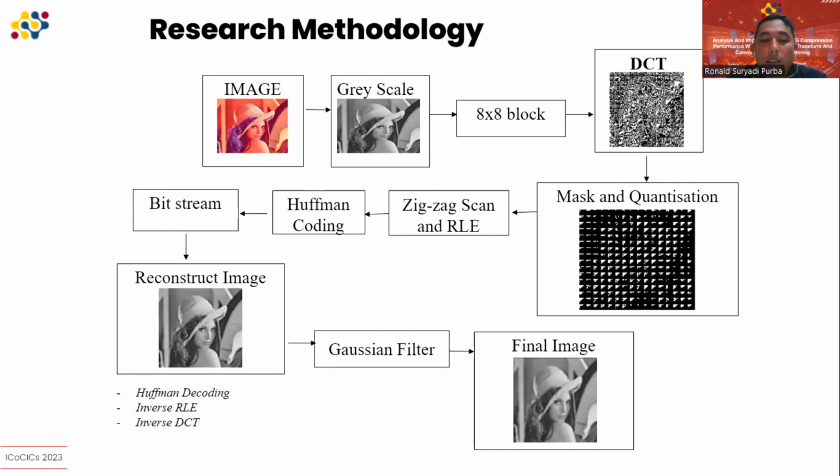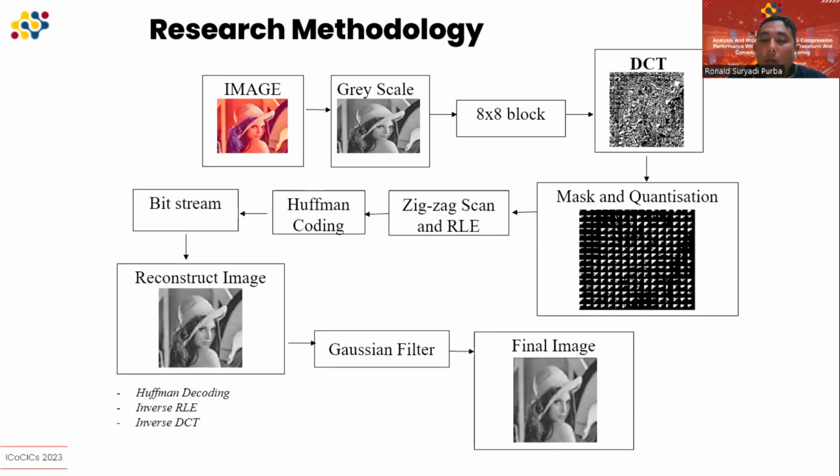This process adjusts frequency from low in the upper left corner to high in the lower right corner. In this mask, I have researched with 21 coefficients of mask: 16, 10, 6, and 3.